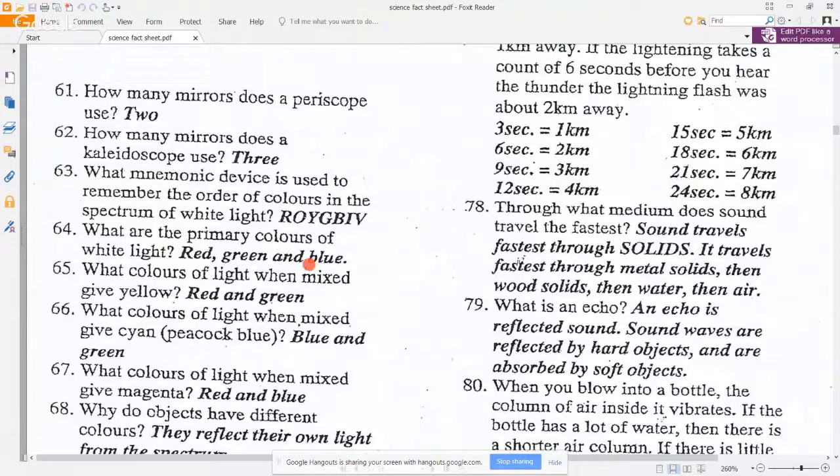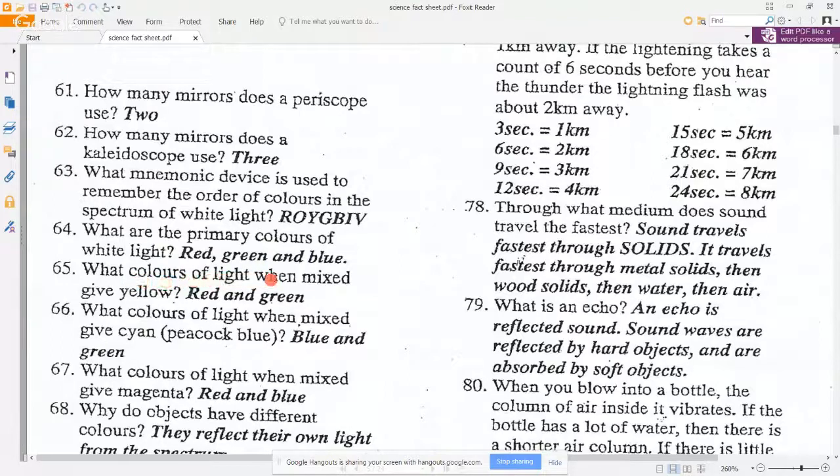Got that one? However, when we look at the colors of paint or pigment, it will be red, blue, and yellow. That will be for paint or pigment. But once we're talking about light, remember Roy G. Biv, red, green, and blue.